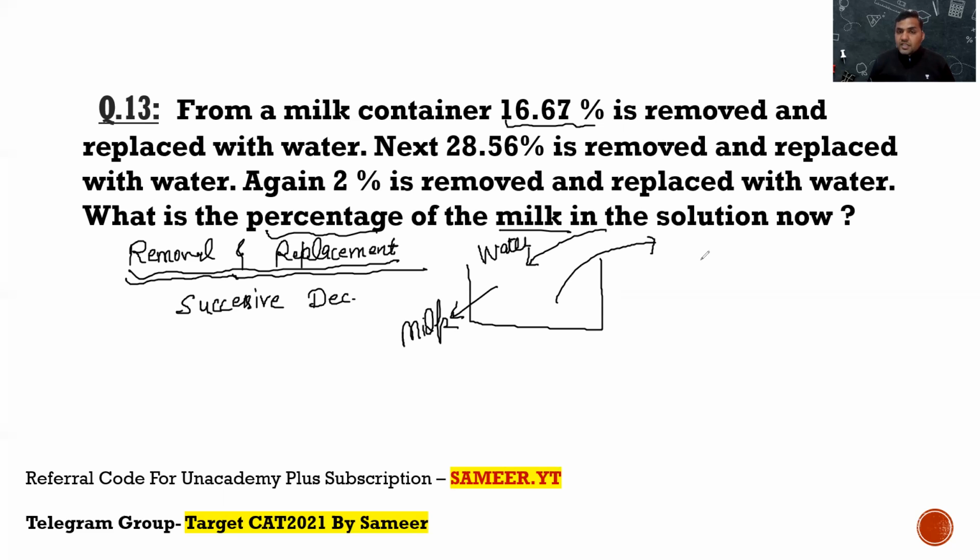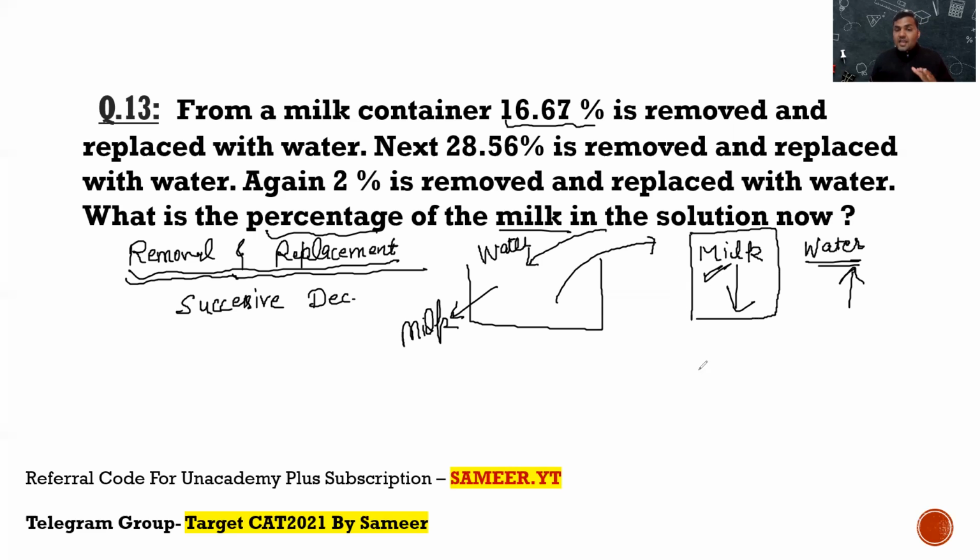So the first thing that you need to look for is which of these two quantities will get decreased in this container. You are removing milk and replacing it with water, so obviously water percentage will go up and the milk percentage will go down. You need to concentrate on that content which will keep on decreasing, right? So decide which content will decrease. In this particular case, we have decided it's milk that will get decreased.